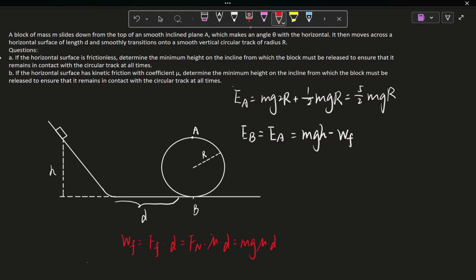Let's plug the work done by friction back into the original equation, which is over here. And this is equal to mgh minus mg mu d. And this is equal to the amount of energy it has at point A, which is 5 over 2 mgr.